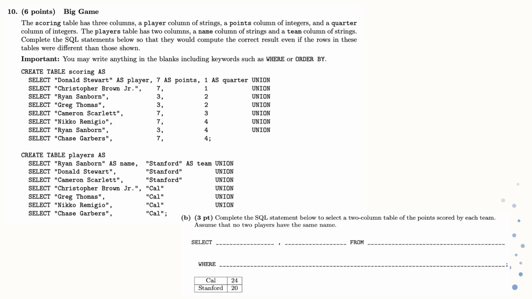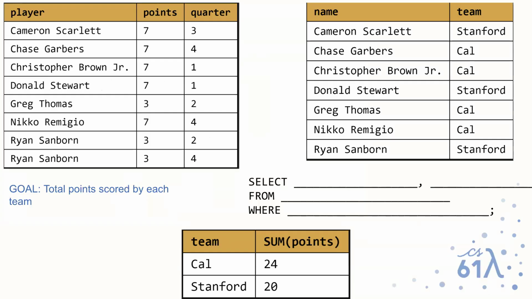Okay, we'll start slowly building up. The first step, do we need both tables or are we fine with one? Both, right? Okay, so from table scoring and table players. And what condition do I need to make so that both of them are aligned?